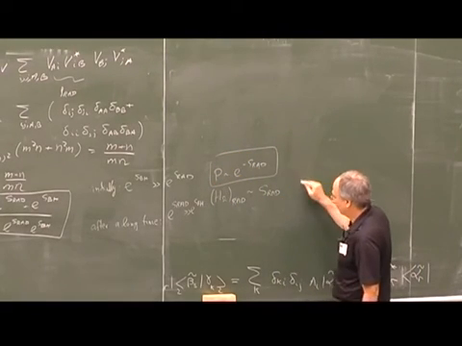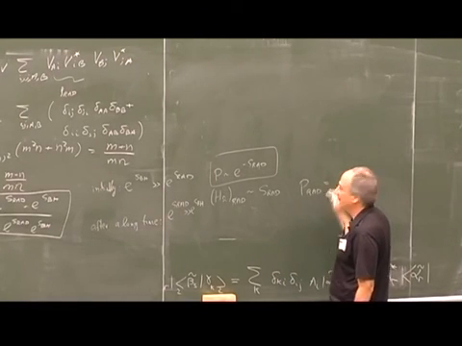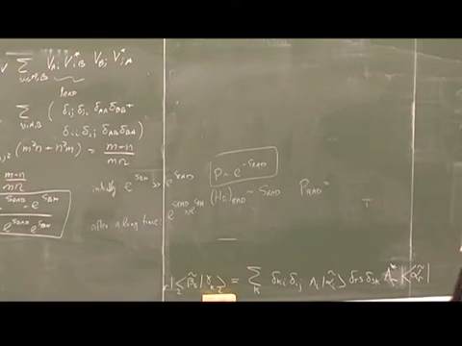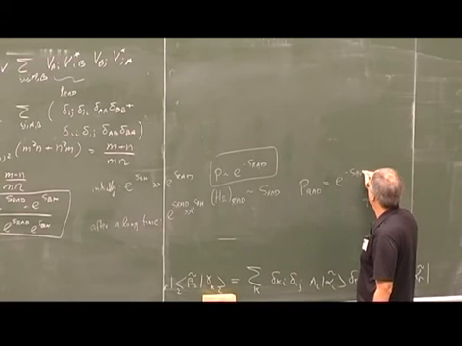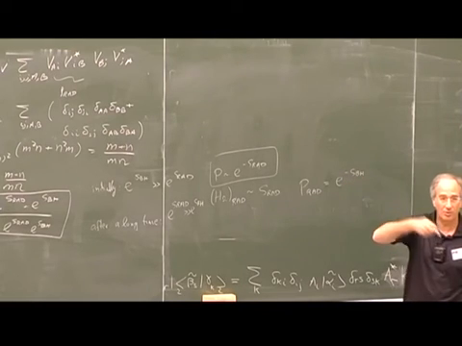You can do this calculation. e to the minus S black hole. But this is decreasing, right? Because the black hole is evaporating.